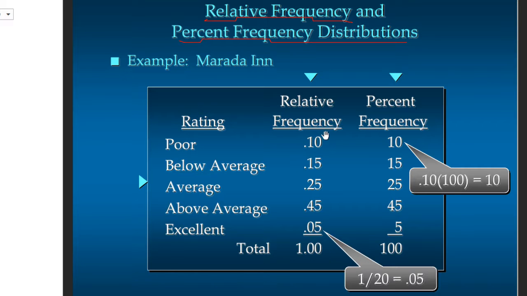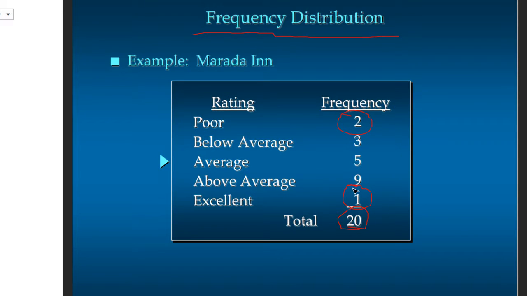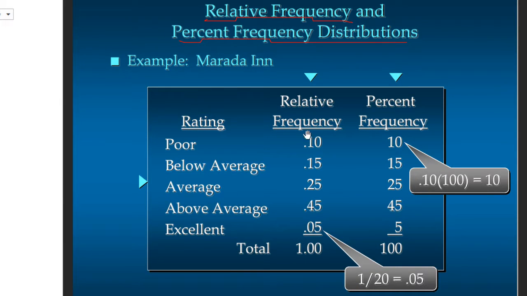So for example, this poor, we remember that out of 20, 2 of them said it was poor. So we have 2 divided by 20, which is 0.10, which is what we have right there, right?